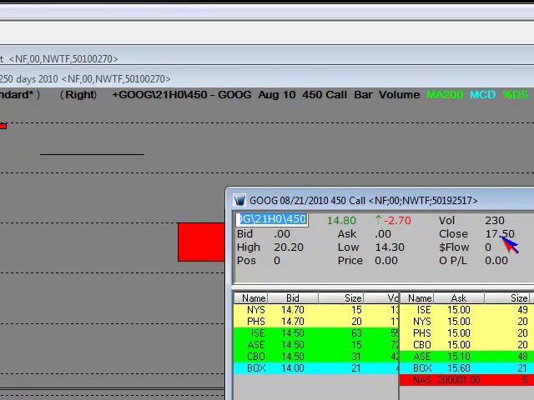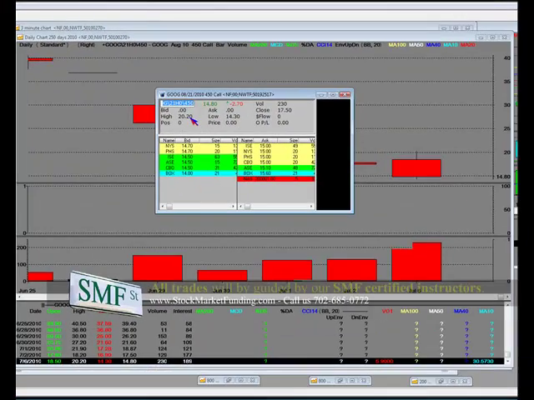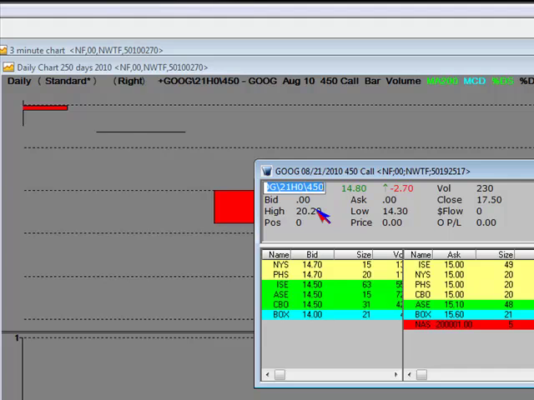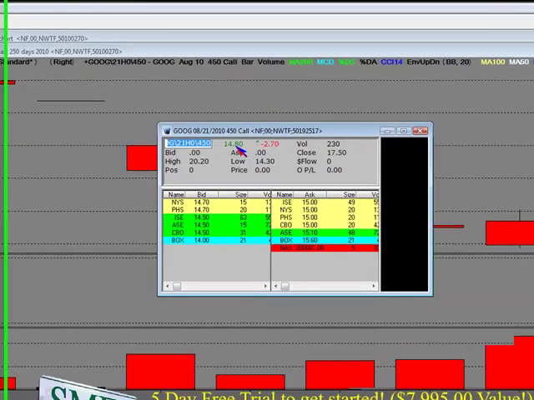When we opened up yesterday, Google had a big gap, so it took that down to 14.30, but then traveled $7 off of the low, went up to the highs, and the call closed in that deflated area, down 2.70 at 14.80.